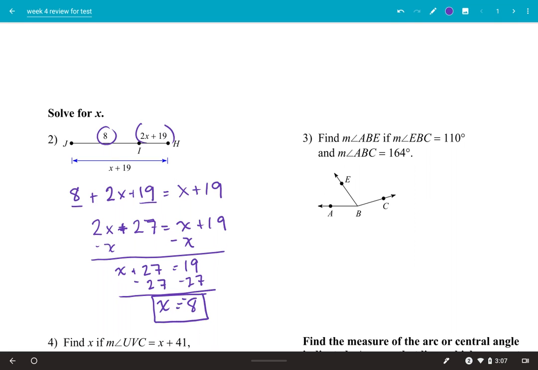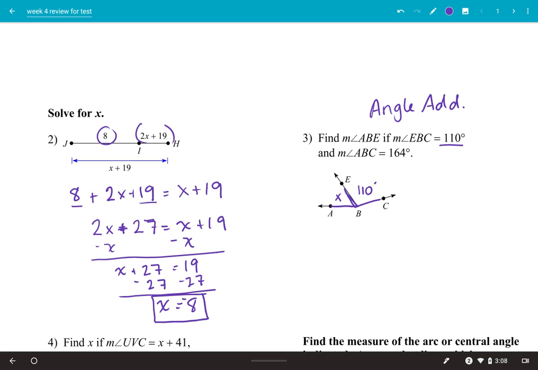Now the next two are angle addition. And that's the same thing as what we were doing. Small piece plus small piece equals the whole thing. And so what I like to do is draw the picture, if you don't have it on your paper, and then write down what you know is where. So we need to find angle ABE. So we need to find this one. So that's where I'm going to put an X. We know that angle EBC is 110.